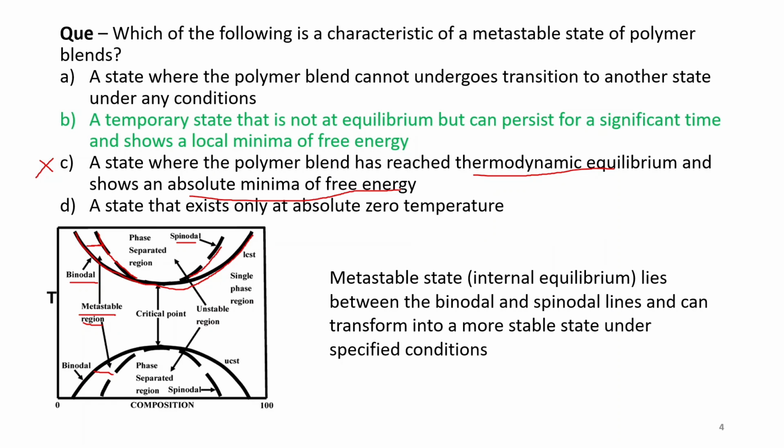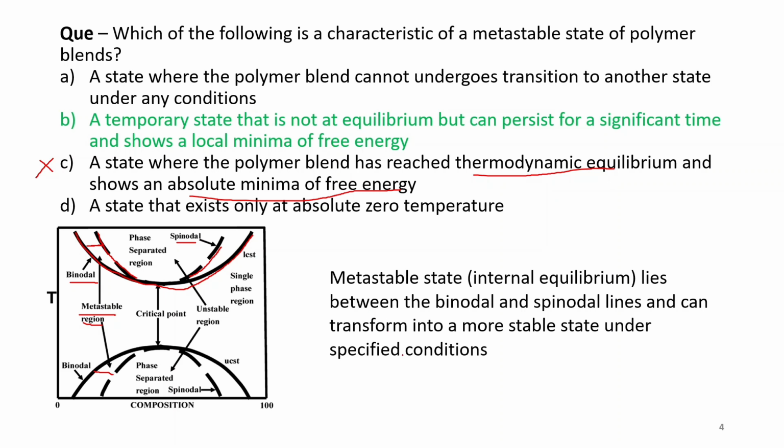The system from the metastable state can transfer to the stable state under some specified condition, because it is not a permanent, thermodynamically equilibrium state. So the system will try to move on to the stable state, but only in certain conditions.